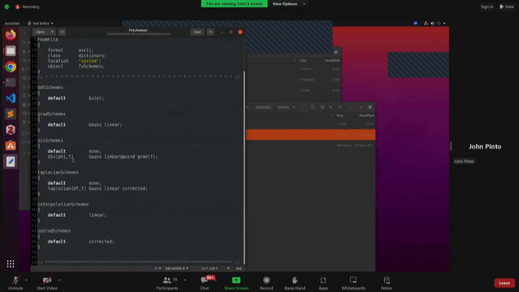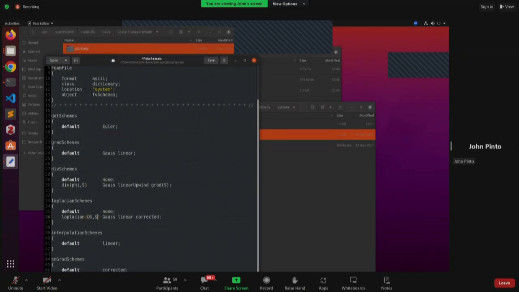With that error, you can understand that you have to make changes over here as well. So I'm just writing this, you can use any other scheme as well. And in the Laplacian, you have to make these changes. So this is my diffusivity and this is my scalar. So these are the changes that you need to make in FV schemes.